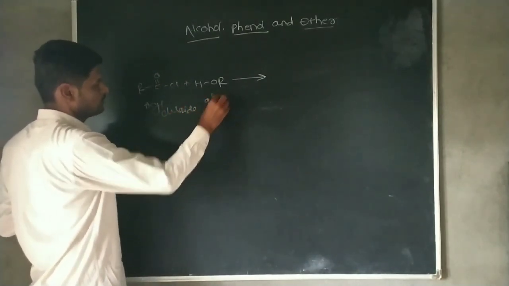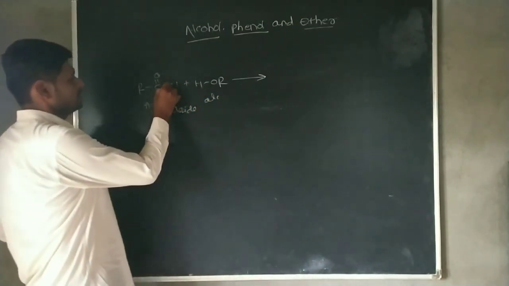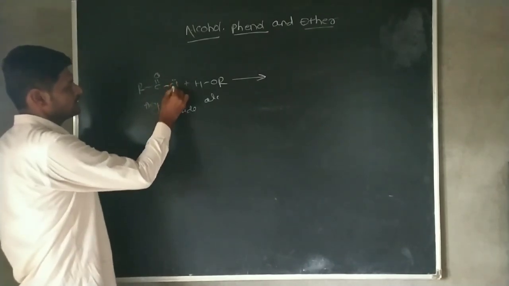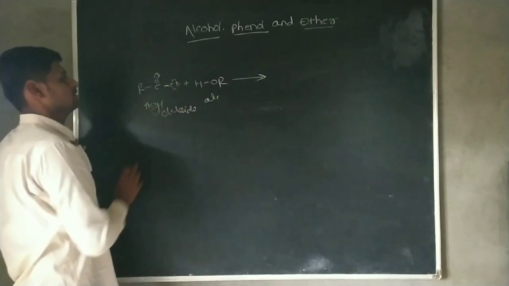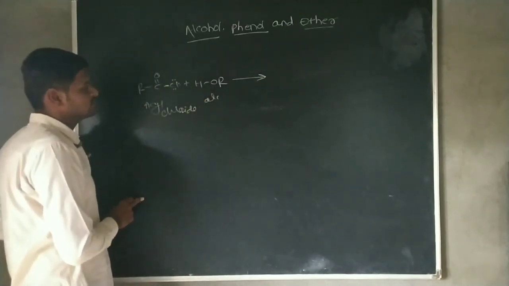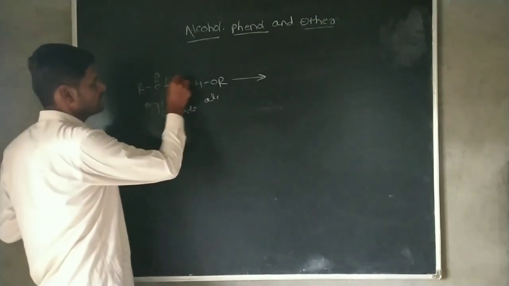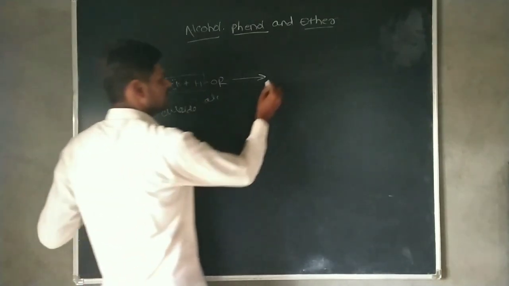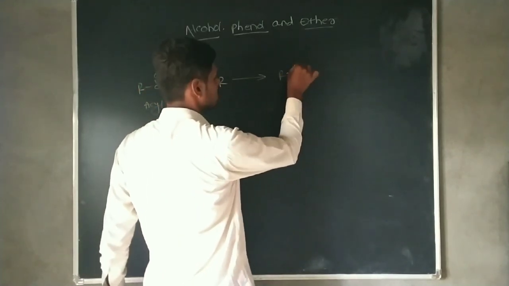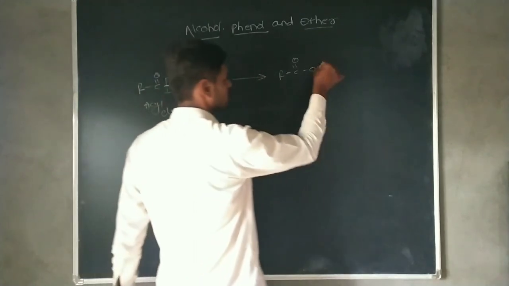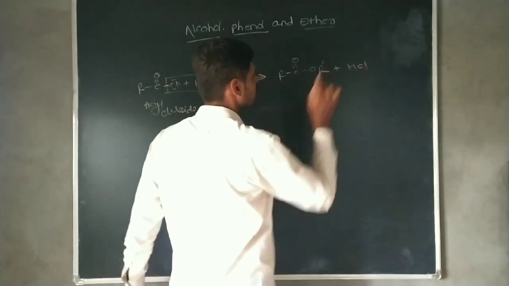This one is an alcohol. The chlorine from the acyl chloride carries a lone pair, therefore it also acts as a good leaving group. And this hydrogen is acidic in nature, therefore hydrogen and Cl are removed, and then it forms an ester, R-C-O-R dash, plus HCl.